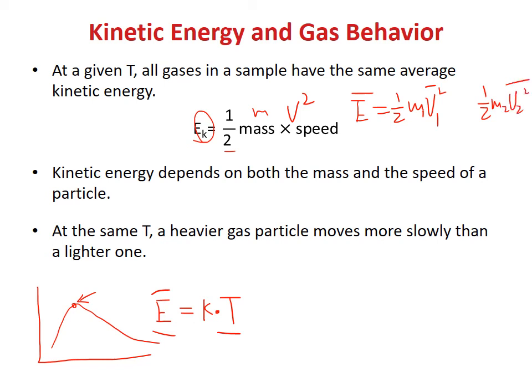If they have the same temperature, then they have the same kinetic energy, so these two must be the same. Now if m1 is greater than m2, then v1 must be smaller than v2 because the products are the same. So at the same temperature, a heavier gas particle moves more slowly than a lighter one.